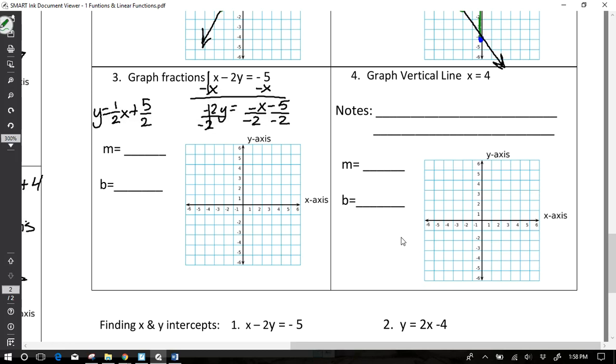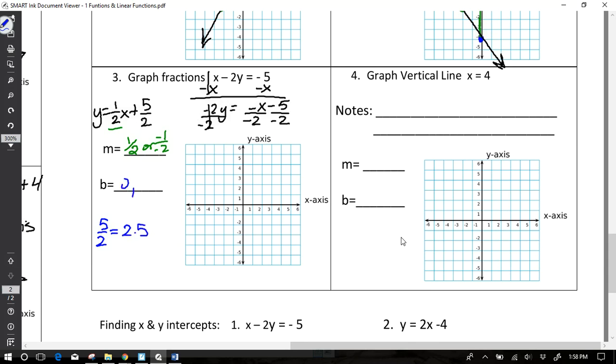Here my slope is 1/2, or negative 1 over negative 2. And my y-intercept is 5/2. Now, in order to plot this, we need to understand what 5/2 is. 5/2 is the same as 2.5.